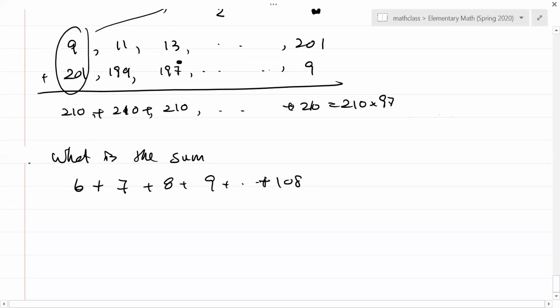Yeah, you need to figure out how many terms there are, right? How many terms are there?